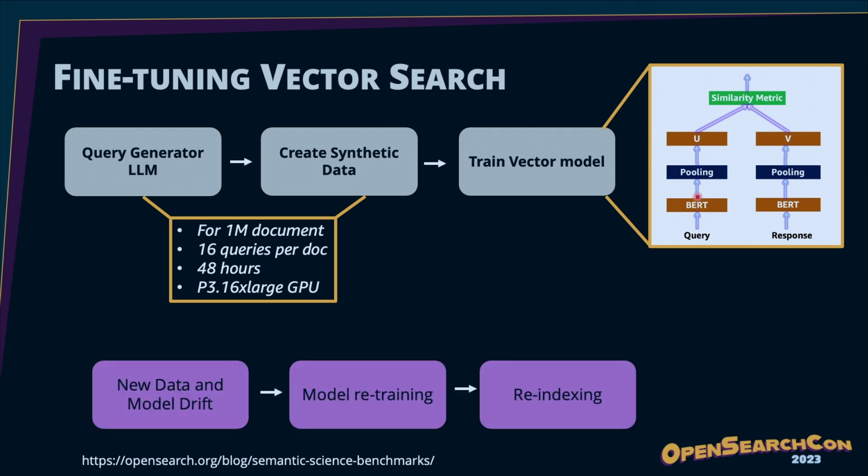Okay, it doesn't stop there. So you have your vector model, which is providing embeddings and sitting somewhere on a server, providing embeddings for your documents and queries. But what about your model drifting? Once new loads of documents come into your document store, the model starts drifting, which means you need to retrain the model. And whenever you retrain it, you have to reindex all the document vectors again.